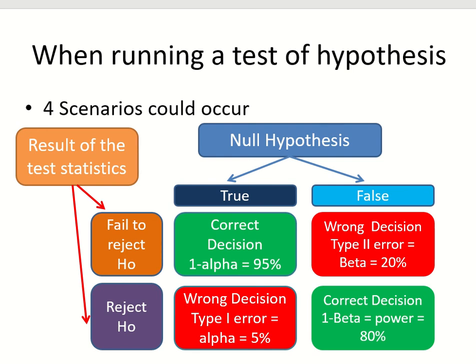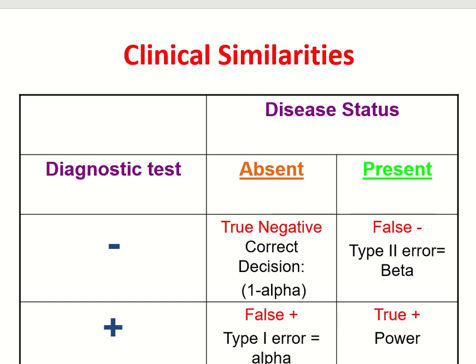A simpler way that we can talk about them, or an easier way for you to remember these, think about disease status. So a patient may be healthy or he may be diseased, and you're testing them, and the test results can be either negative or positive. If the patient is truly healthy and the test is negative, then that's a true negative. Okay?